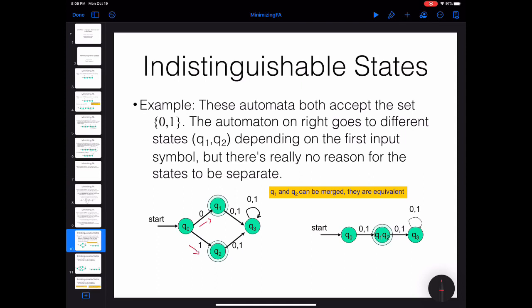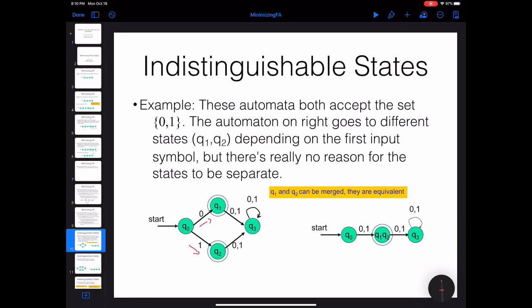With 0 it goes to an accepting state, with 1 it goes to an accepting state, but after that if you see anything else it goes to a dead state, Q3, and it will stay there. It will never go back to the accepting state. So this finite automaton accepts a language with two strings, 0 and 1.